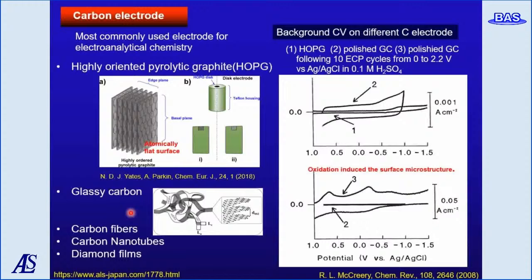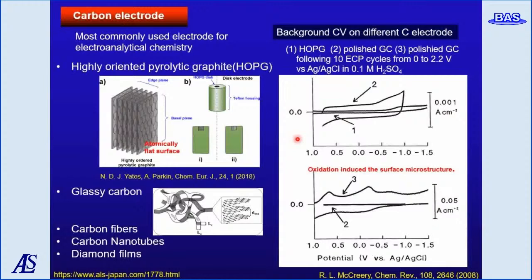The background current on carbon is strongly dependent on the pretreatment of the carbon. Here is an example taken from the reference. Figure 1 is the HOPG background. Little charging current and a wide potential window are available.